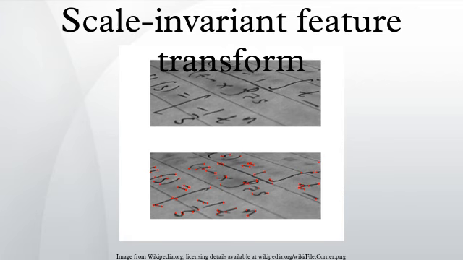SIFT features can essentially be applied to any task that requires identification of matching locations between images. Work has been done on applications such as recognition of particular object categories in 2D images, 3D reconstruction, motion tracking and segmentation, robot localization, image panorama stitching and epipolar calibration. Some of these are discussed in more detail below.